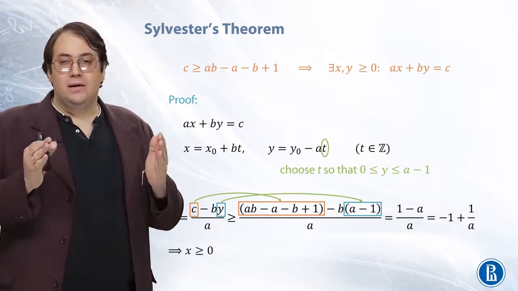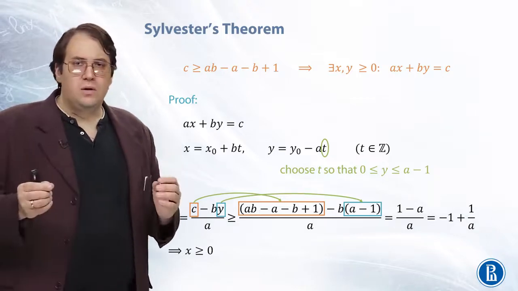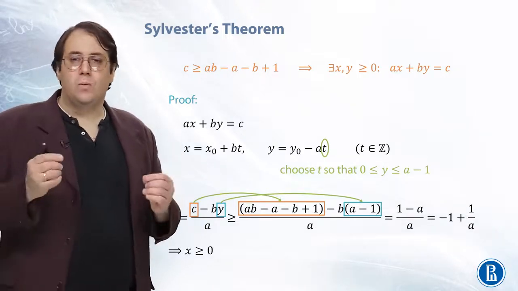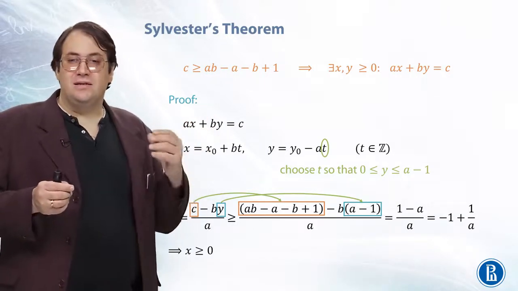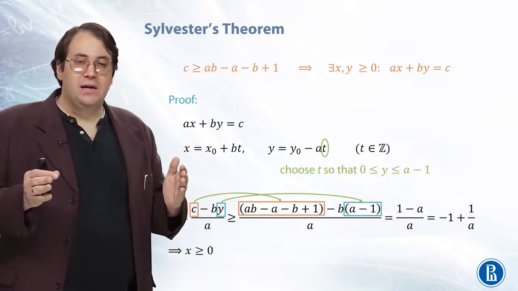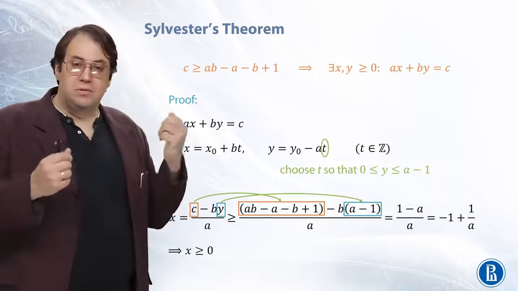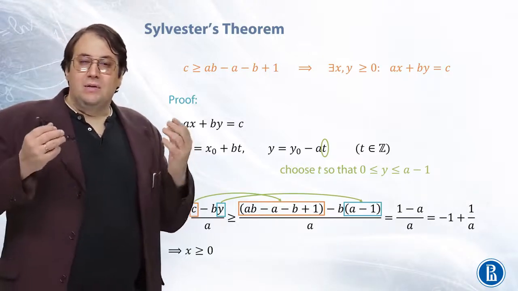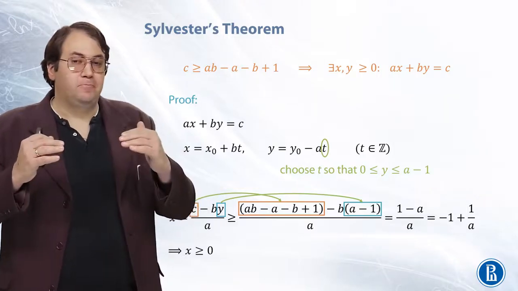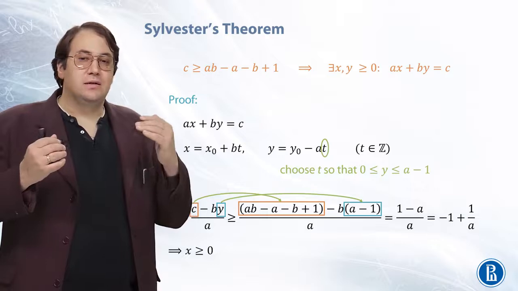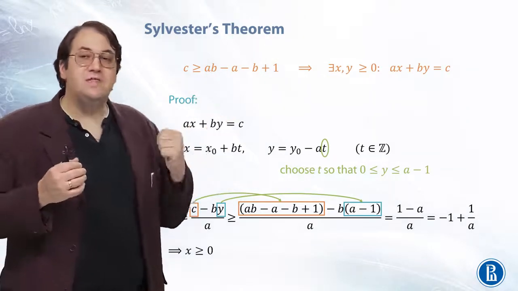So choose such t, and from now on use the fact that y, the solution of this linear Diophantine equation, is between 0 and a minus 1. And then express x. x will be equal to c minus by, divided by a. What is the lower bound of x? c is greater than or equal to ab minus a minus b plus 1, so we use this value instead of c.